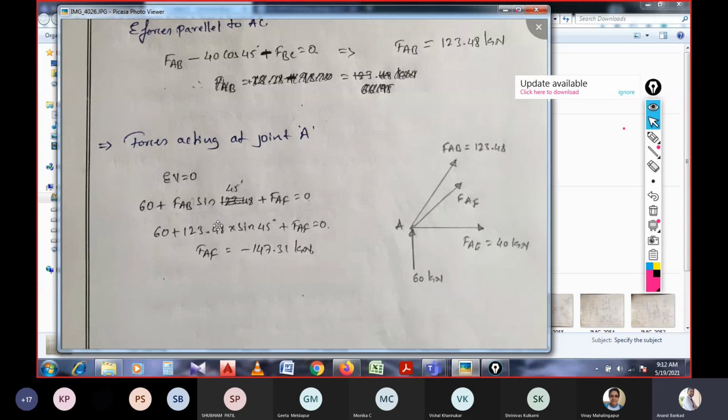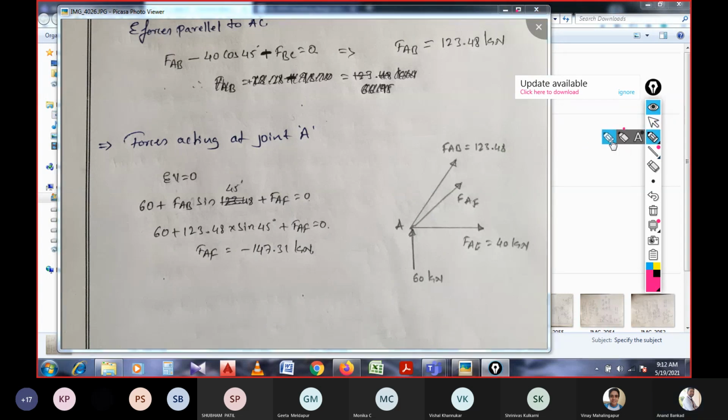So here, 60 kilonewton of vertical reaction is calculated by referring to the total load on the section, and FAB, if you resolve it for the vertical direction, it is sine 45. It is 45 because here we have a total of 4 meter by 4 meter height. I hope you remember in the previous class we discussed an equidistant square box.